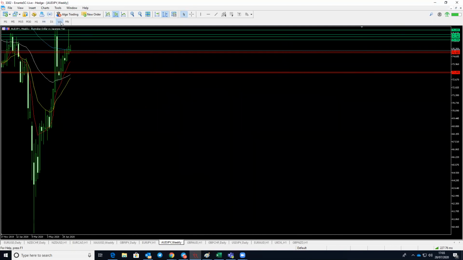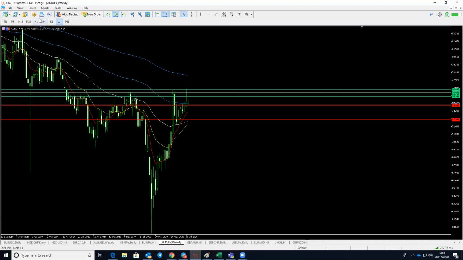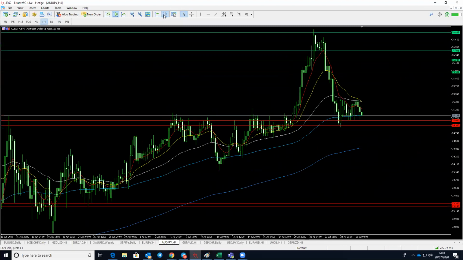So on the 4-hour chart, we can see it has more chances because as it goes lower, it will be going under the line, and then it has a chance to find support around here. That would be an area to look out for, because there's a support area very close to the 200 exponential moving average as well.